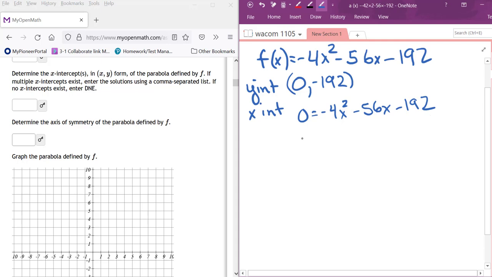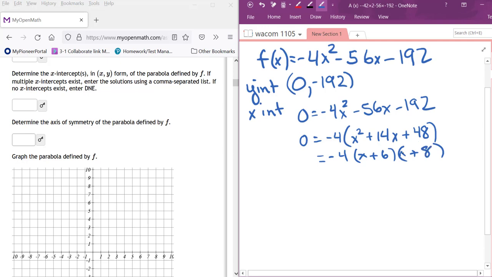Hopefully we can factor out a negative 4 on this one, so that it'll be easier to solve. And we pull the negative outside, so this will make a positive 14x, and we pull the negative 4 outside, it leaves positive 48. And we want things that multiply to give 48, combine to give 14. 6 and 8 do. So you can factor there, like signs both plus. So plus 6 plus 8, it wouldn't matter which one.